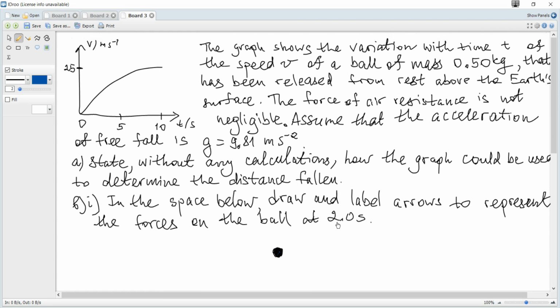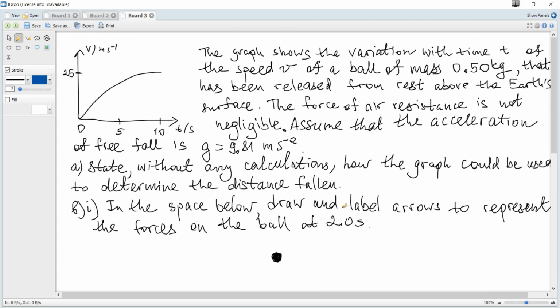So let's consider the graph. Since it's a v-t graph, we know that the rate of change of velocity is equal to acceleration, and the rate of change is the gradient of a tangent drawn at some moment of time.